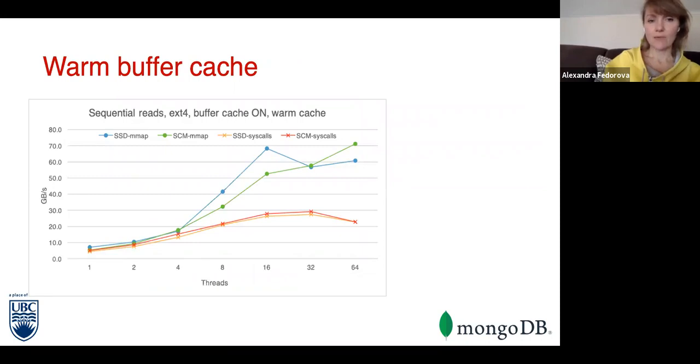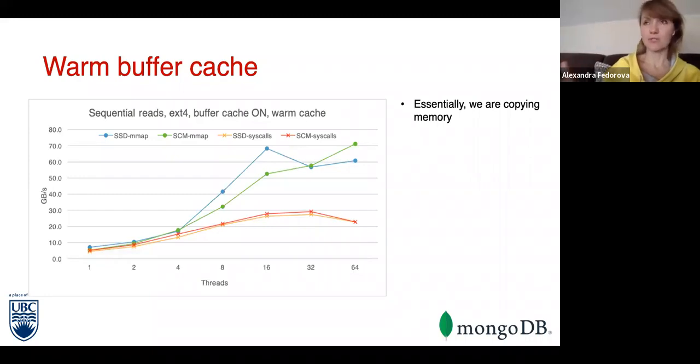So what if the buffer cache is warm? If the buffer cache is warm, we are essentially just copying memory. So it doesn't really matter what device sits underneath, because if all of our data is in the buffer cache and we have enough RAM to store all of our data, we're not going to the device at all.